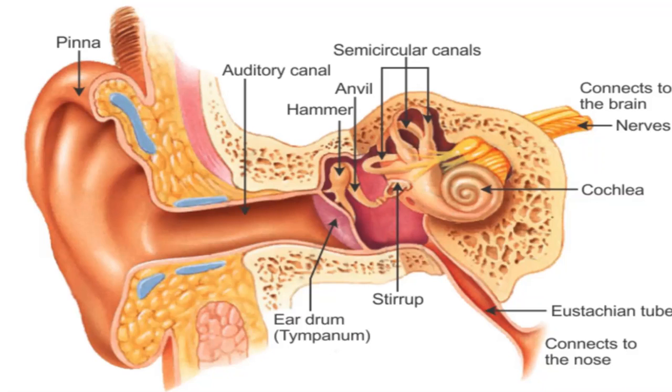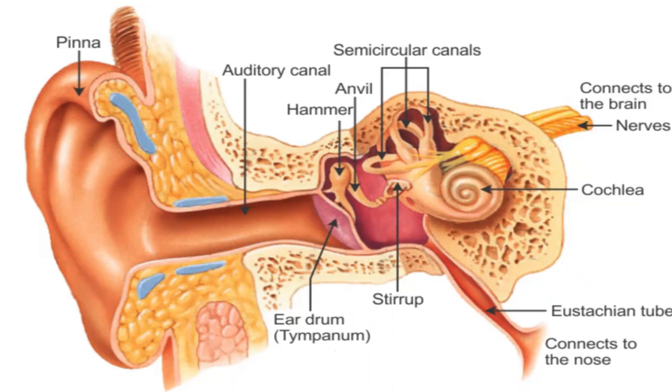When these sound waves strike the eardrum, the eardrum vibrates, and these vibrations are received by the hammer. The hammer vibrates, and the vibration of the hammer is received by the anvil. The anvil vibrates, and the vibration of the anvil is received by the stirrup, and the stirrup vibrates.